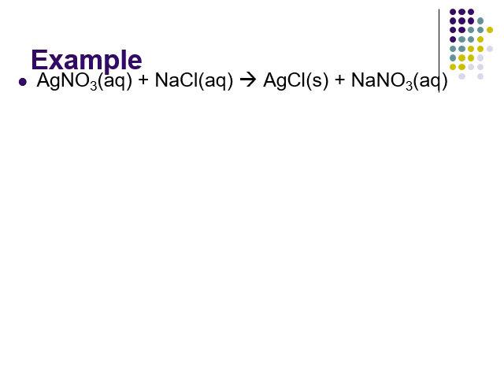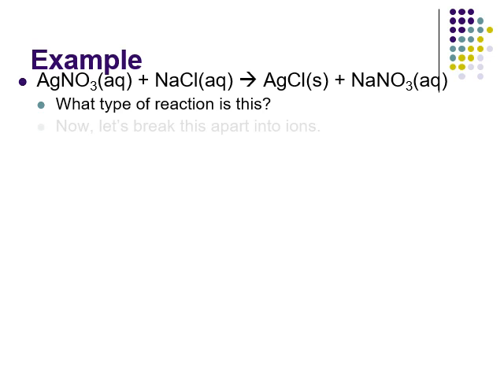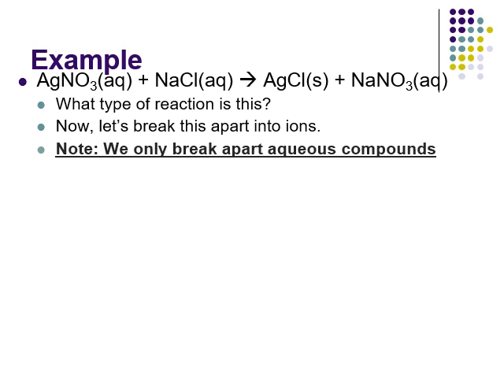Now, the nice thing about this is, again, these are always single or double replacement. So what sort of reaction is this? That's right, this would be a double replacement reaction. Now, we're going to break this into its ions. The trick of this is that we only break apart the aqueous compounds. Only. If it's a solid, leave it alone. If it's a liquid, leave it alone. Gas, alone.